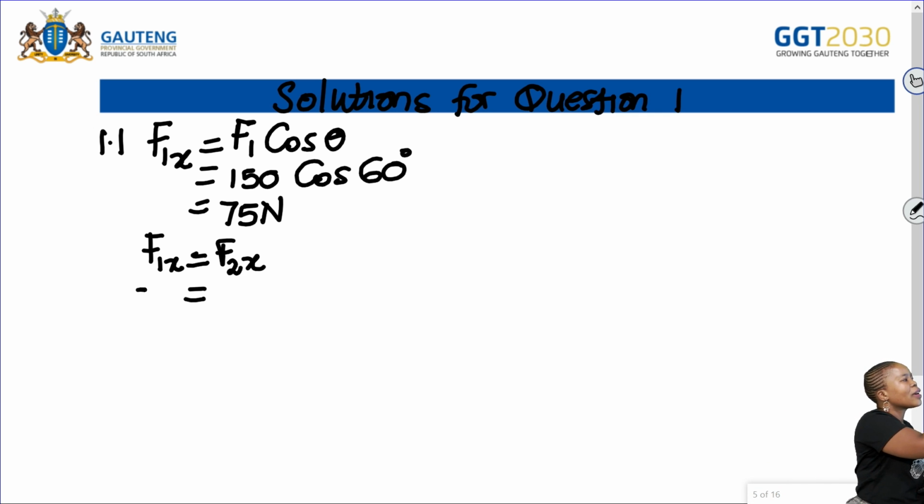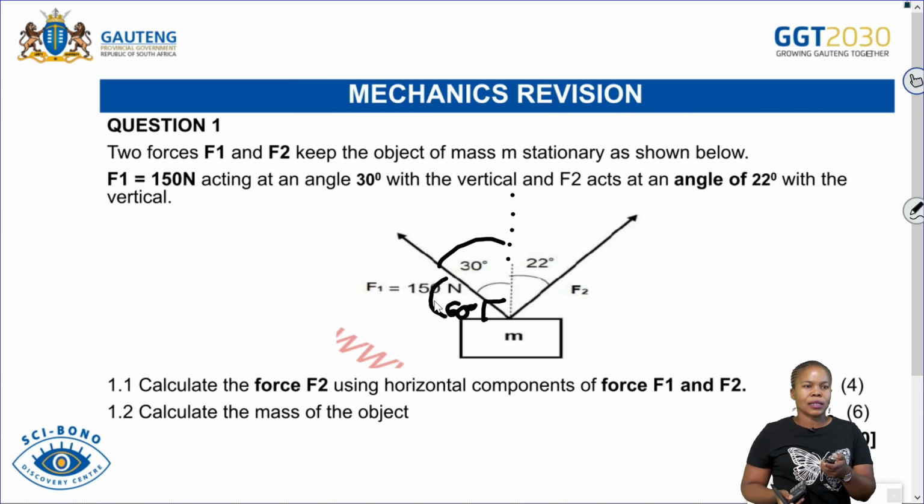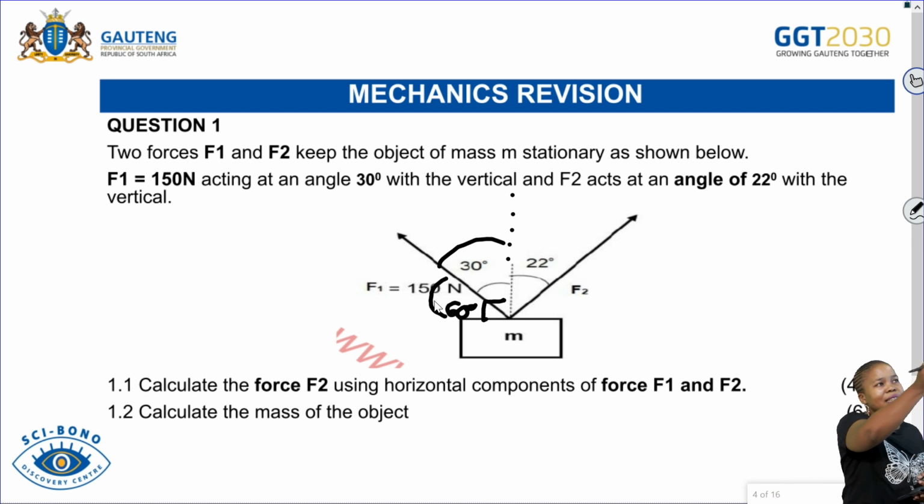So therefore, if this is 75, this is going to be F cos of what? Let's go back a little bit. We've got 22, so we're not interested in this 22.